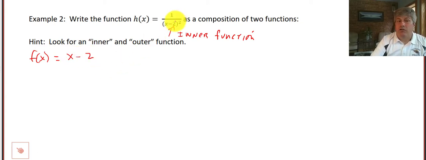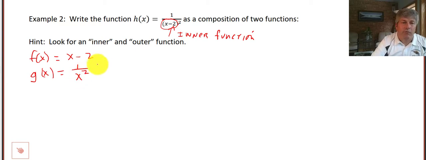Well, our other function then could be 1 over, say, x squared, right? Because this is our whole inner function, all right? So we could have a function g of x that would be 1 over x squared. So if we put x minus 2, if we put f of x into g of x, we would get our answer here.